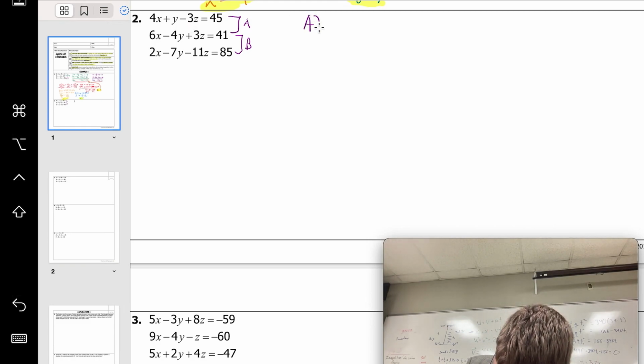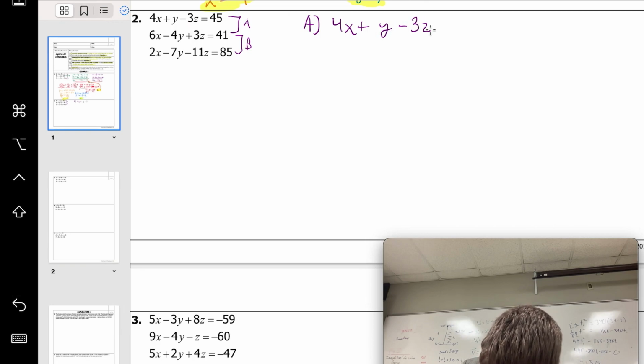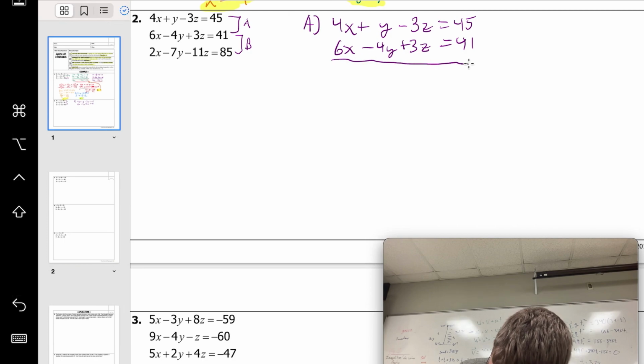So our A equation is going to look like 4x plus y. I'm just rewriting everything. 3z equals 45. 6x minus 4y plus 3z equals 41. So then we're going to add those together.